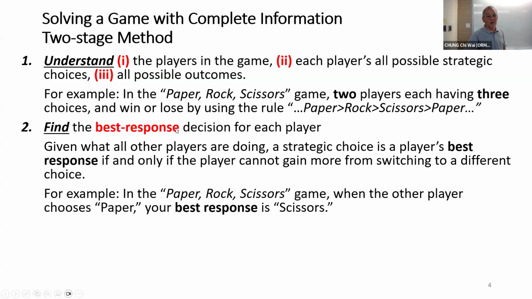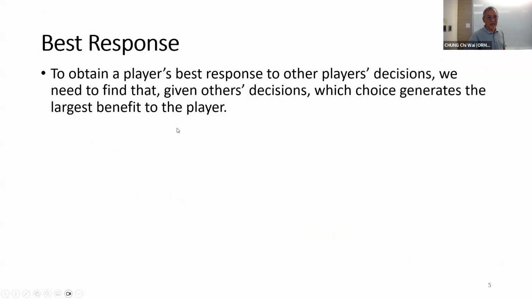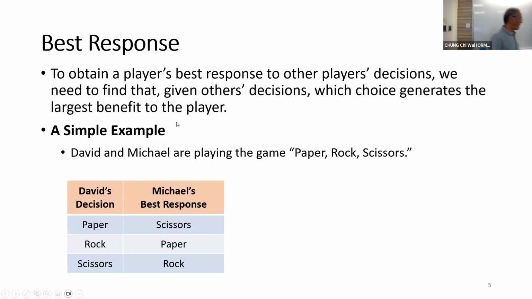So now let's go back to this example. If David's decision is made, then Michael's best response is right. If David's decision is scissors, then Michael's best response is wrong.